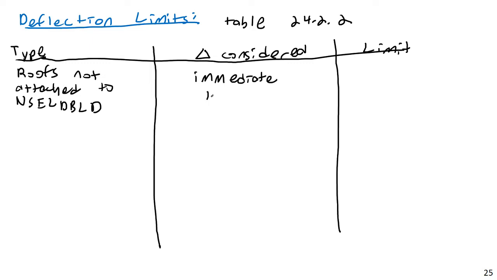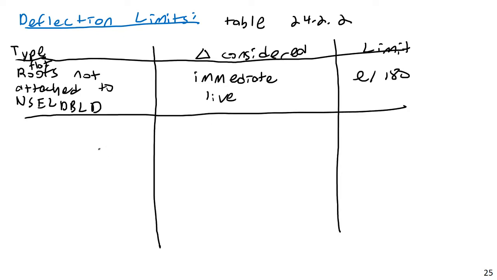And I'm looking at just flat roofs. I should mention that's flat roofs. And we're considering the immediate live load. And the limit here is L over 180. So the immediate live load applied to this, not any kind of long-term deflection.